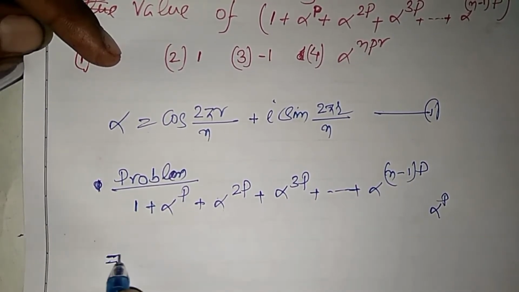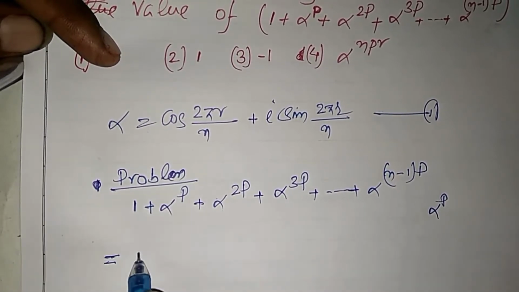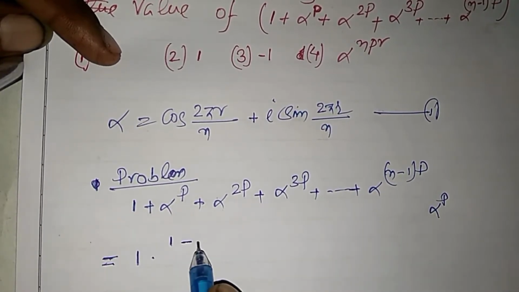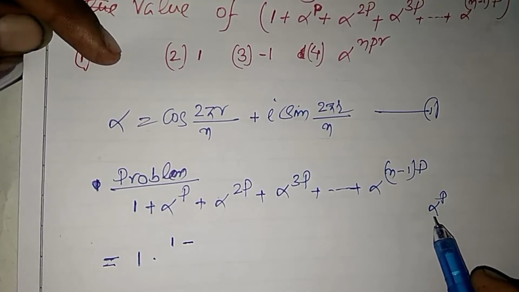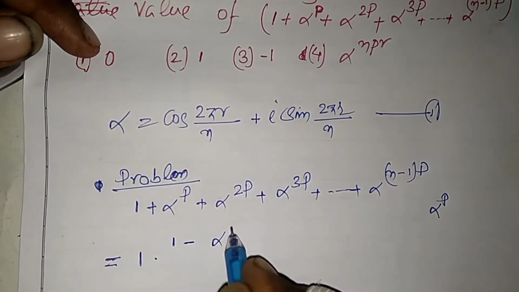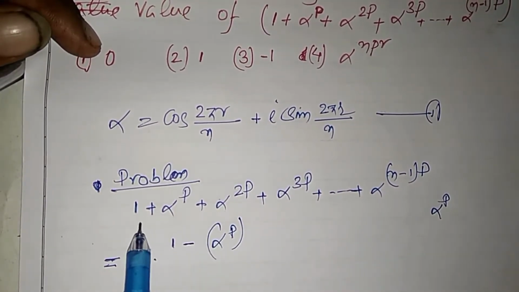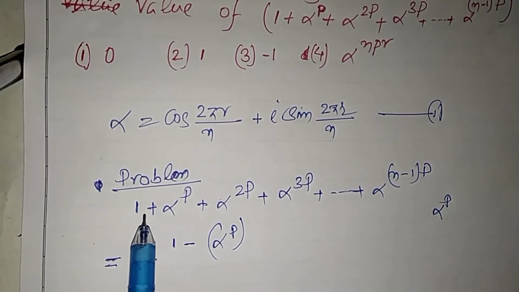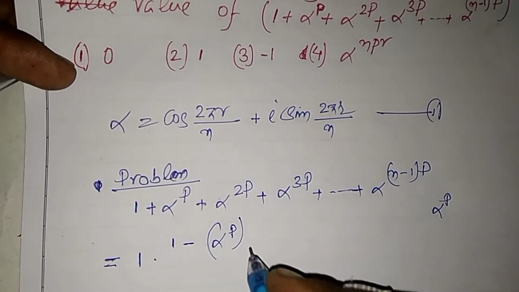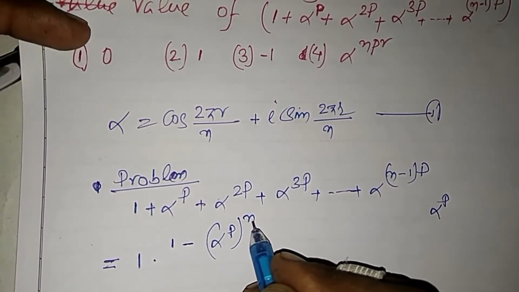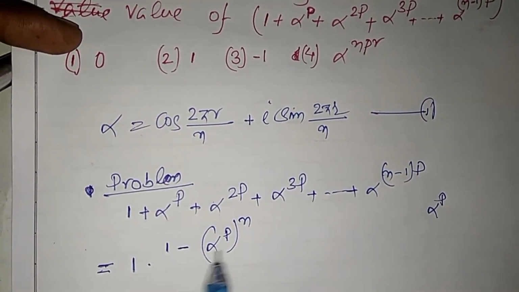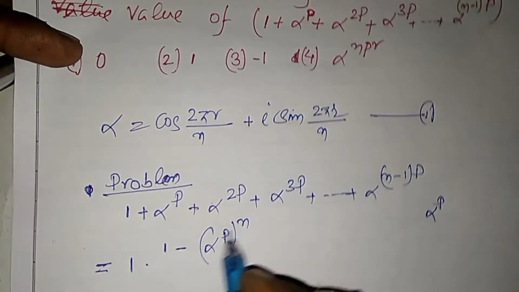So it equals the first term of this series, 1, into 1 minus alpha to the power p, to the power of the number of elements in the series, that is n. Here we put n minus 1 as the last power.